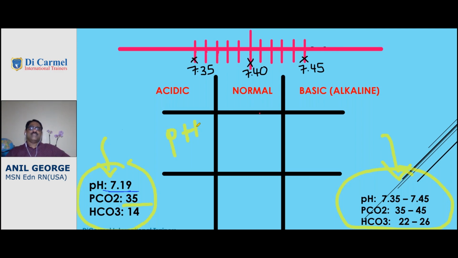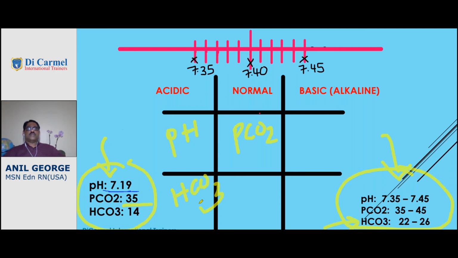It is normal, 35 to 45, so it is still within the range. So the pCO2 is going to come here. And what about the bicarb? Bicarb is 14. What is our normal value? 22 to 26. So bicarb 14, less than 22, is acidic. So we're going to put the bicarbonate here.